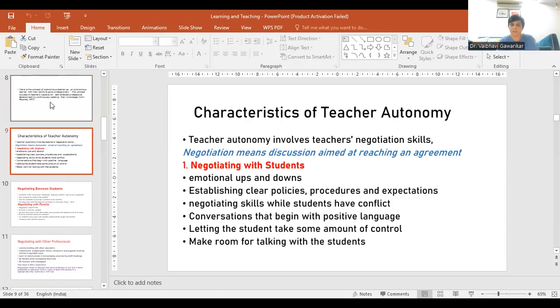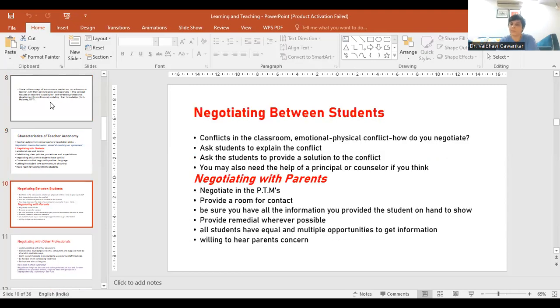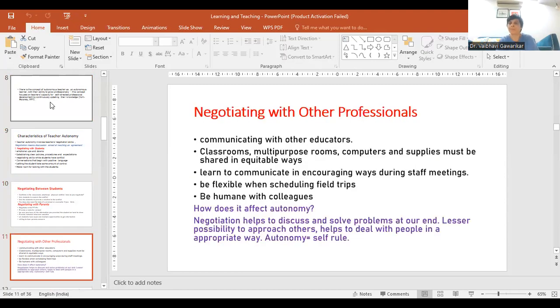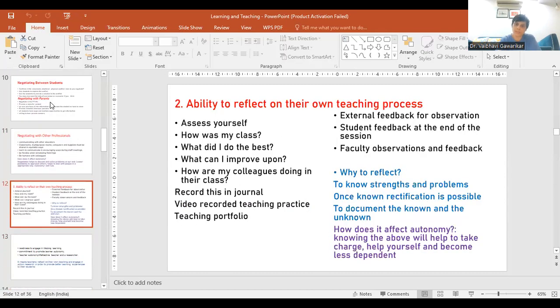So we have already discussed the characteristic of negotiating with the students, between the students, with the parents, with other professionals. It is important to understand that negotiation means you are able to reach an agreement between both the parties.